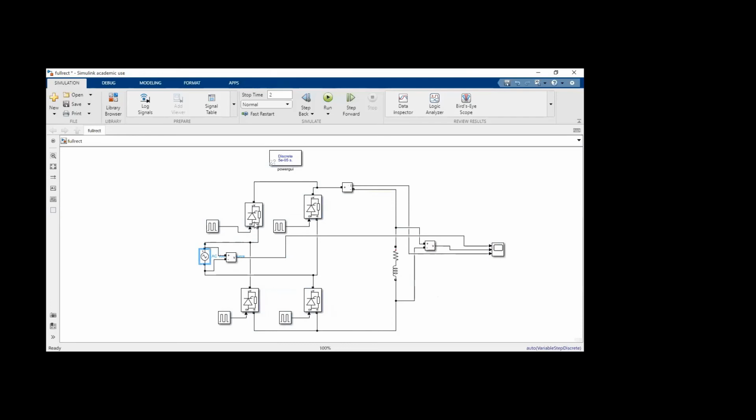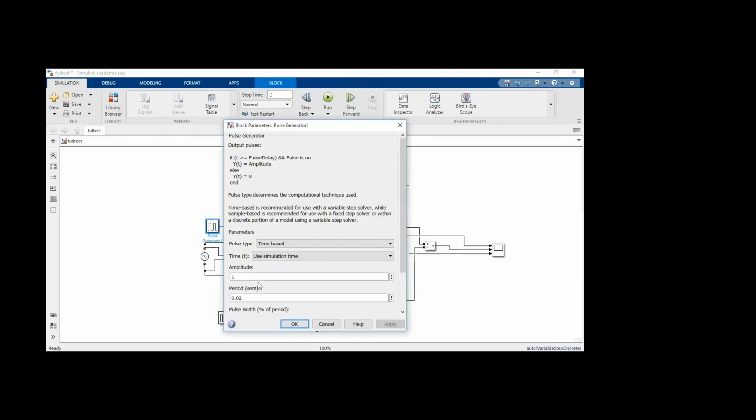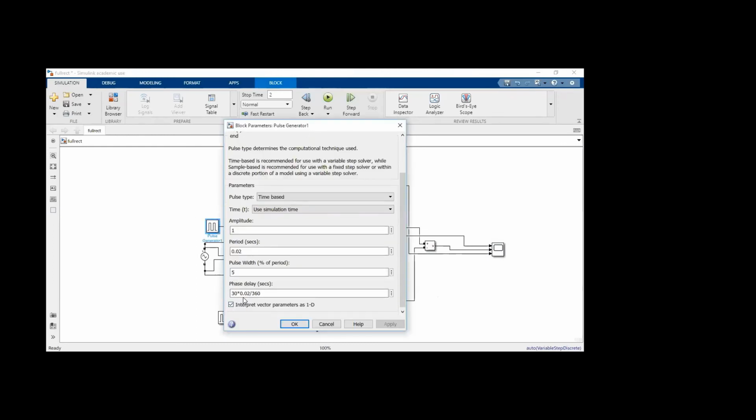There is a voltage source, and I have considered four thyristors. During the positive half cycle, thyristors 1 and 4 will conduct. During the negative half cycle, 2 and 3 will conduct. And if I want to control the circuit, thyristors 1 and 3 are conducting at a time. The pulse generator angle which I have given, the phase delay of 30 degrees, is given to this particular circuit.